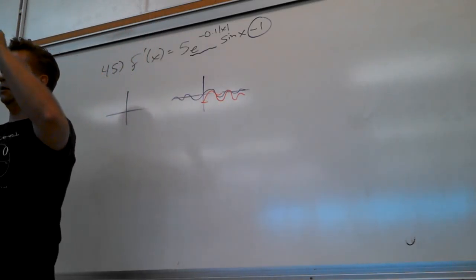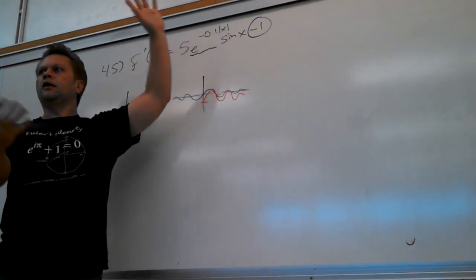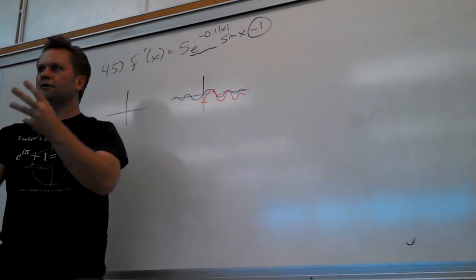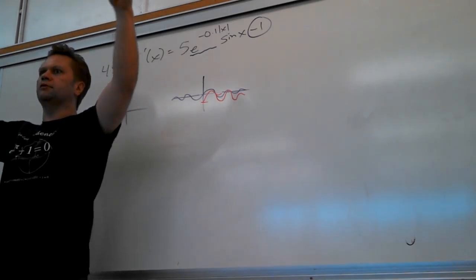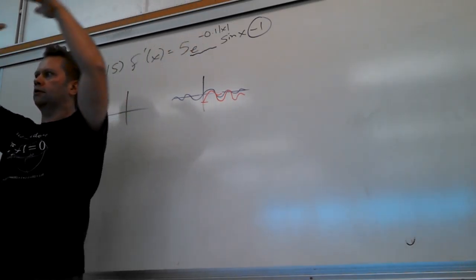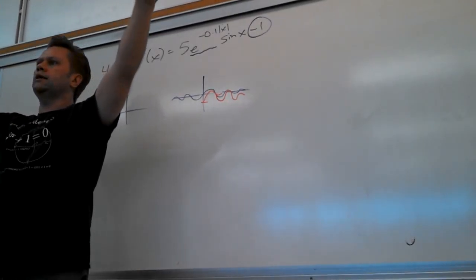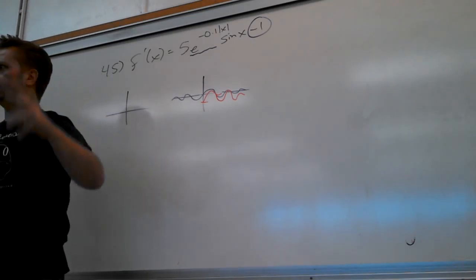Are you guys understanding that piece? Because it's absolute value of x, so each of the negative 0.1 times 1 will be 1 over e, and it's going to be smaller than 1. So it's going to reach it, it's going to reach it, it's going to reach it, and then suddenly it's not going to reach it at some point. So that's just going to count how many times it hits the x-axis, because this is the derivative graph, not the function itself.